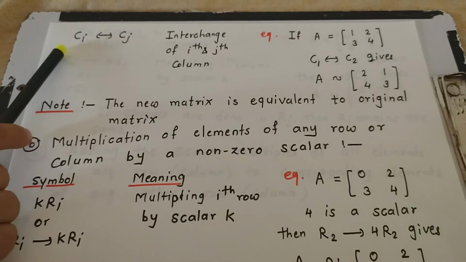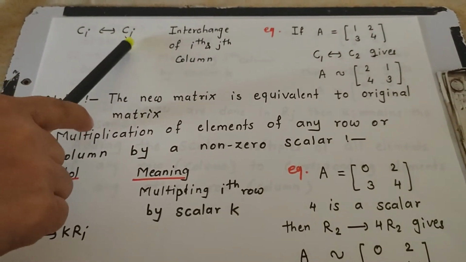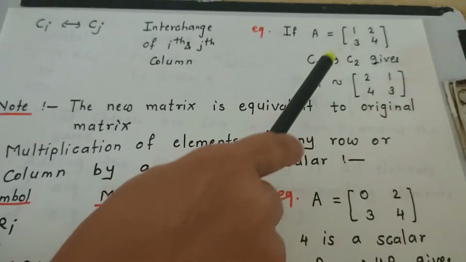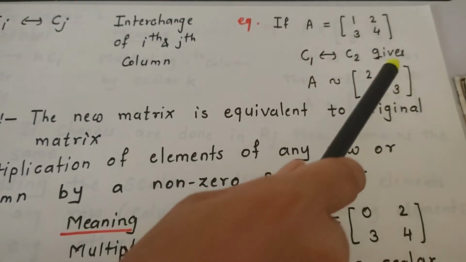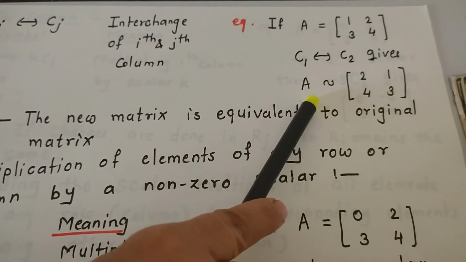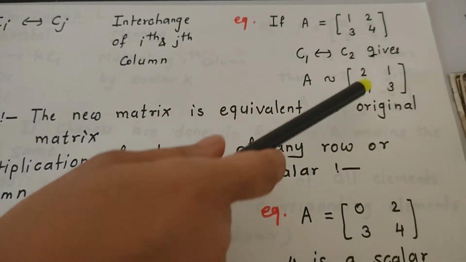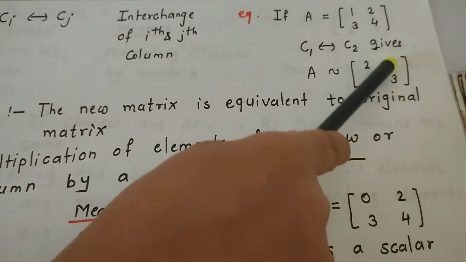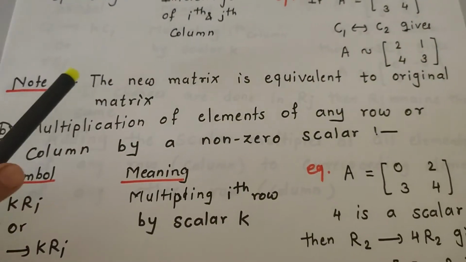Then it is symbolically denoted by interchange of Ci and Cj. For example, A is a matrix with the elements. Then by interchanging the first column and second column, it gives a new matrix 2, 4 and 1, 3.